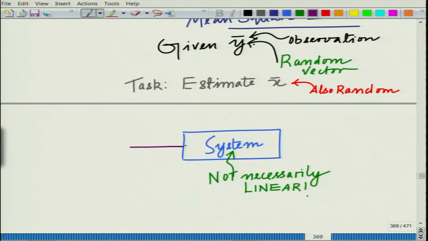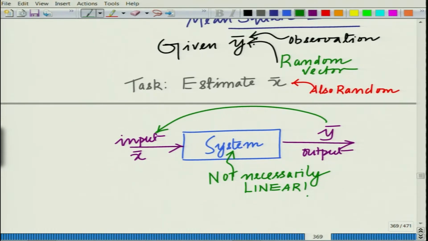So, here you have the input x bar, which is driving the system, and this is your output y bar. And now you use y bar to estimate what is the input x bar which is driving the model. This is essentially driving your IO model.